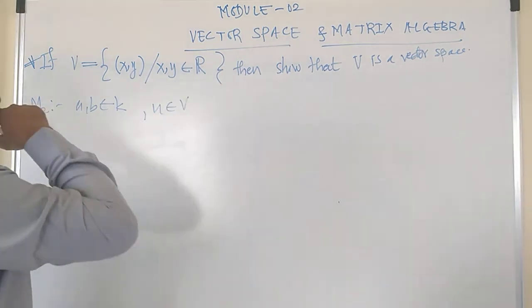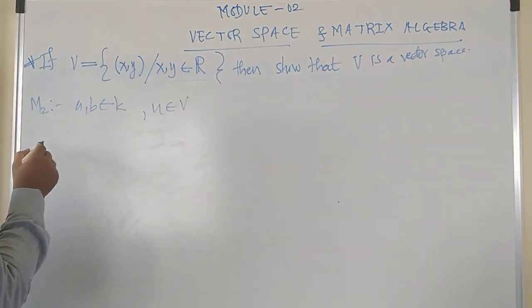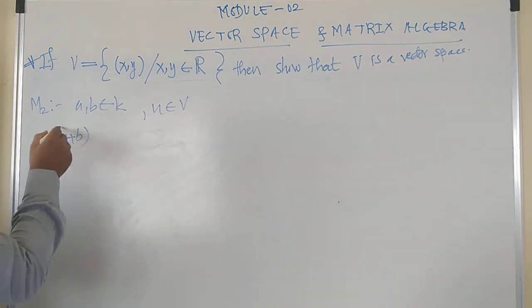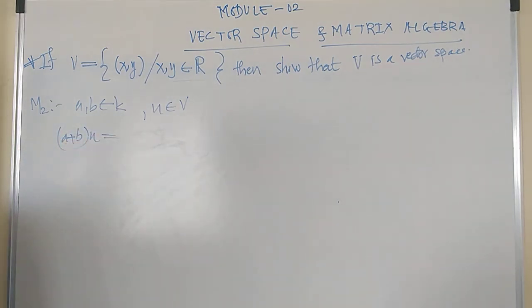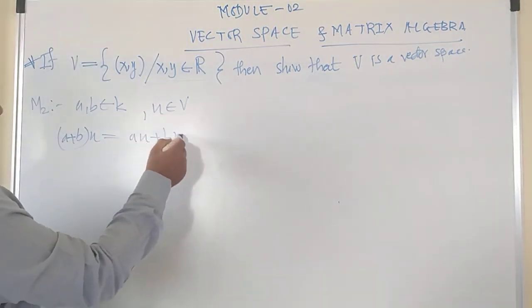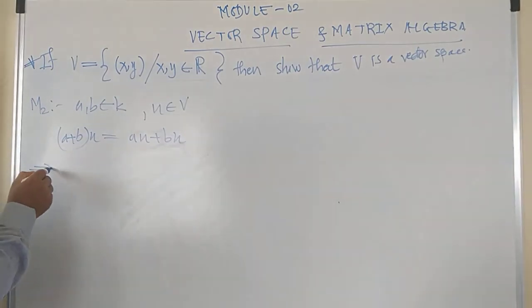belonging to a vector space V, and if you are able to write (a plus b) into u is equal to au plus bu, then the given axiom m2 is said to be followed.